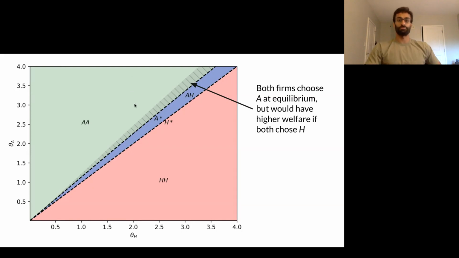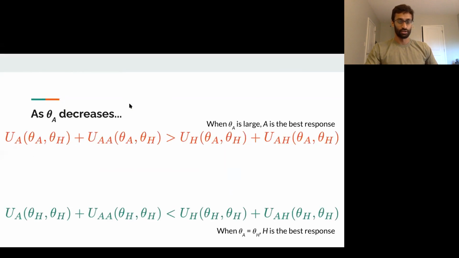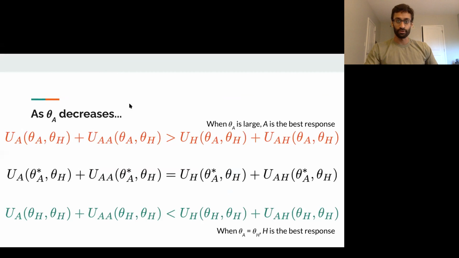Okay, the question: can I explain why both firms using the algorithm is an equilibrium? Yes, so the point here is by definition of theta star, you're indifferent between responding with the algorithm or responding using the human.